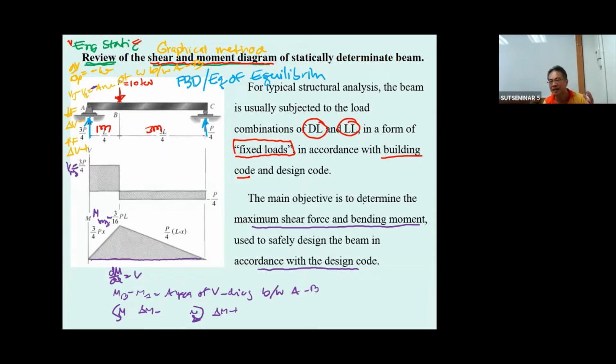But when you study steel design and reinforced concrete design, you have to determine the dead load and live load from the building code, and then you use the way you studied in engineering statics and theory of structure to draw the shear diagram and moment diagram. I don't know if you recorded it or not, but if you did not, go back and review it. You still use this in steel design and reinforced concrete design.